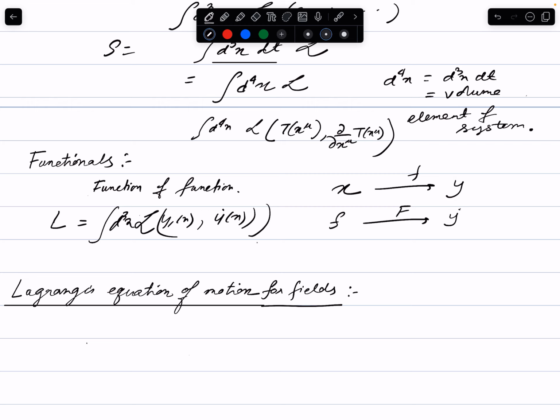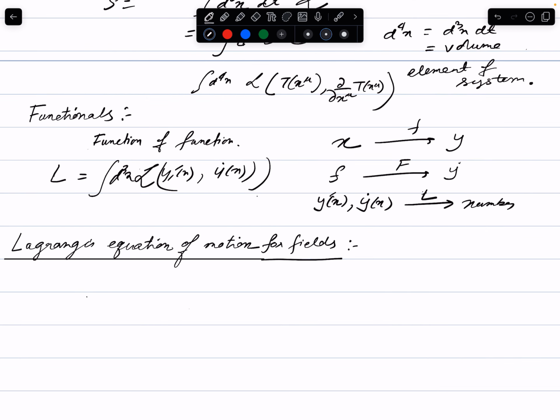When you do the integral, I will finally get some number. And so this takes functions, two functions in this case, y of x and y prime of x, and maps it to some number. Because when I do the integration, I will get some number.